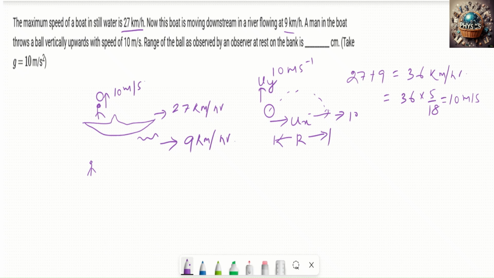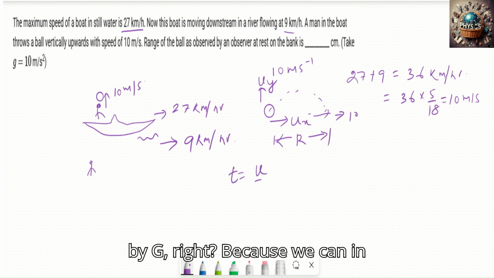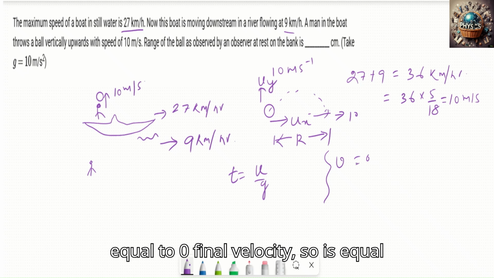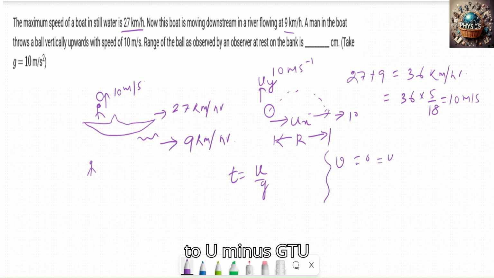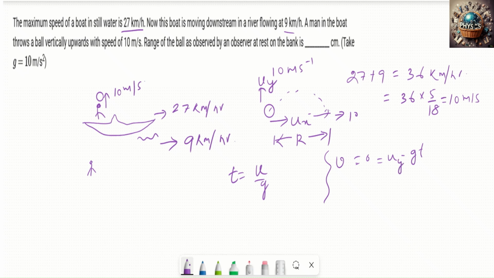Time of flight will be t equal to u by g, right? Because in the background it's already known, v is equal to 0, final velocity, so 0 is equal to u minus gt, uy minus gt in this case. So from there we get that t equal to uy by g.